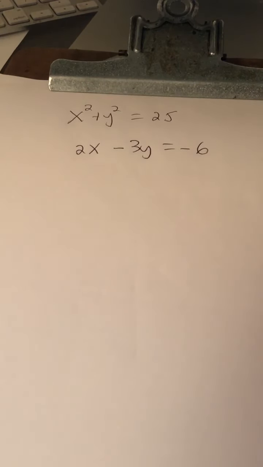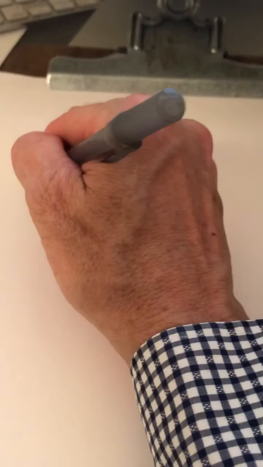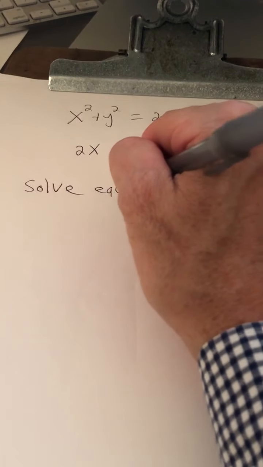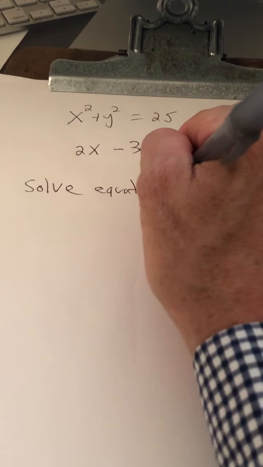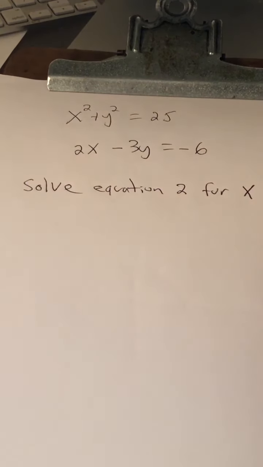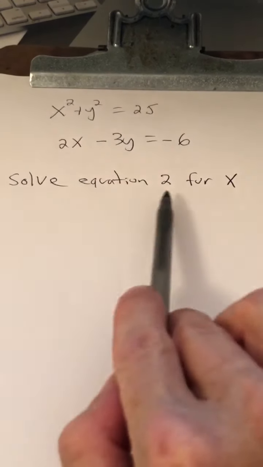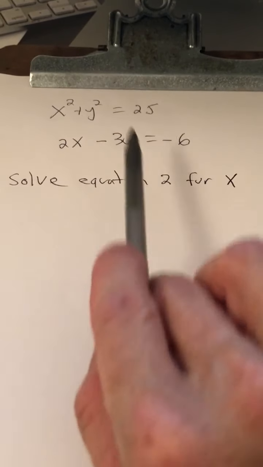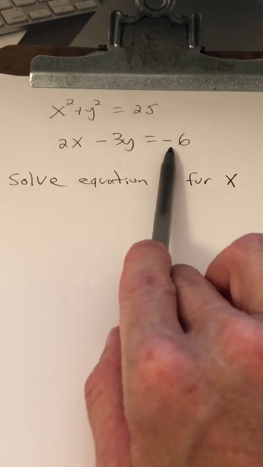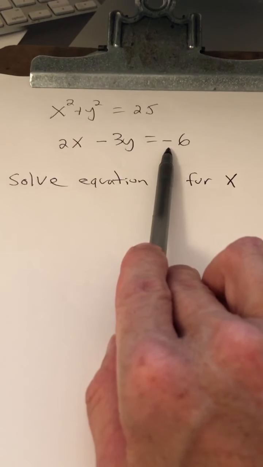So looking at these equations, I think it's easier to do the following thing. Let's solve equation 2 for x. So to solve equation 2 for x, what we would do is we would add 3y to both sides and then divide both sides by 2.